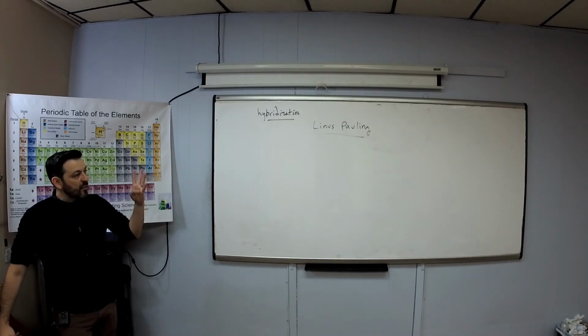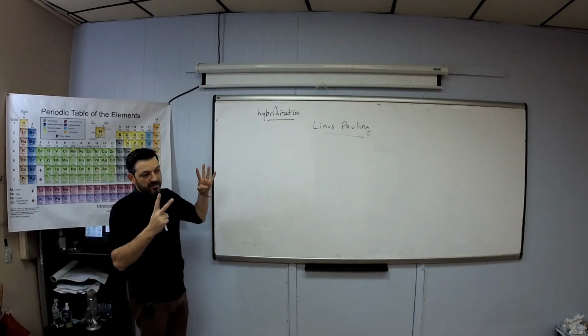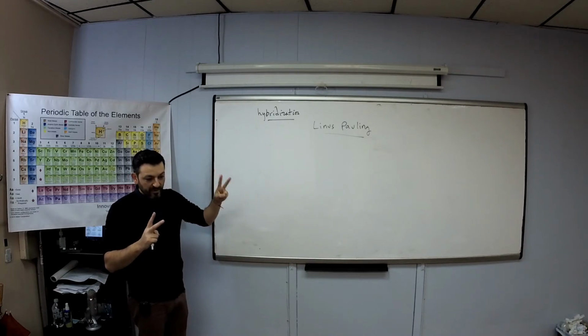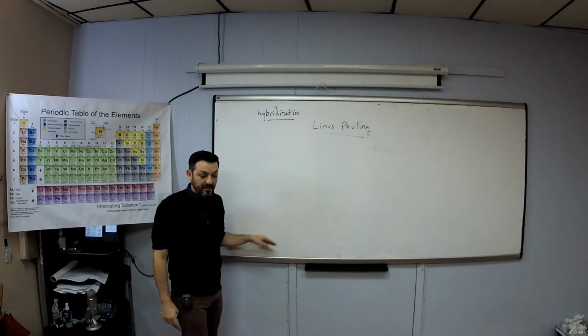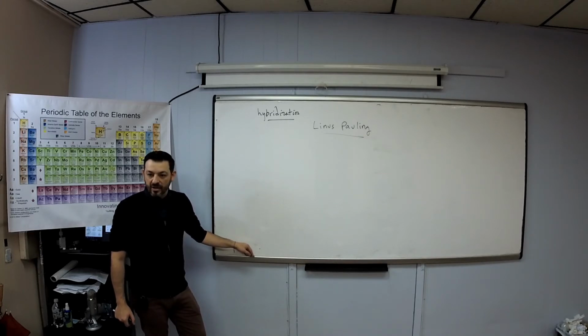Linus Pauling was one of 4 people in all of history to win 2 Nobel Prizes. That's impressive. More impressive is he was one of only 2 people to win 2 Nobel Prizes in different fields. Now that is mind-blowing because, look, you could be the world's best swimmer and win Olympic gold this year, and then you could come back 4 years later and still win because you're just that good.